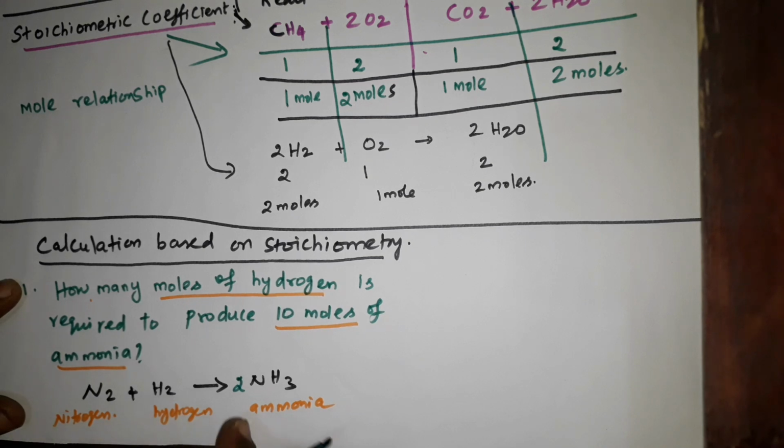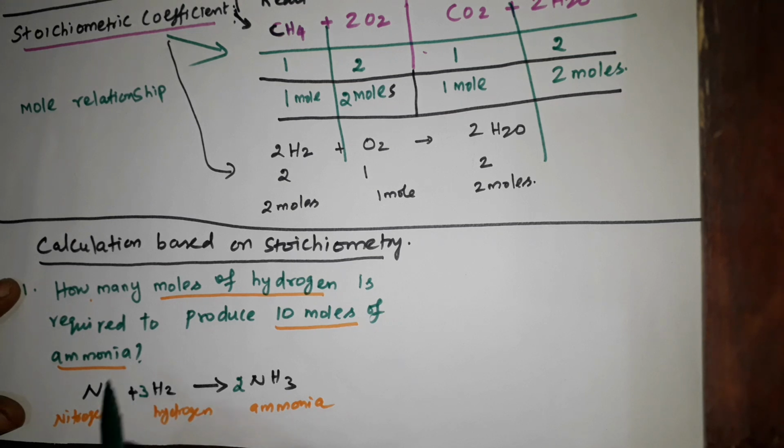Now 2 moles of ammonia on the product side. Now you check, there are 6 hydrogen atoms, 2 into 3. On the reactant side, to get 6 atoms of hydrogen, multiply by 3.